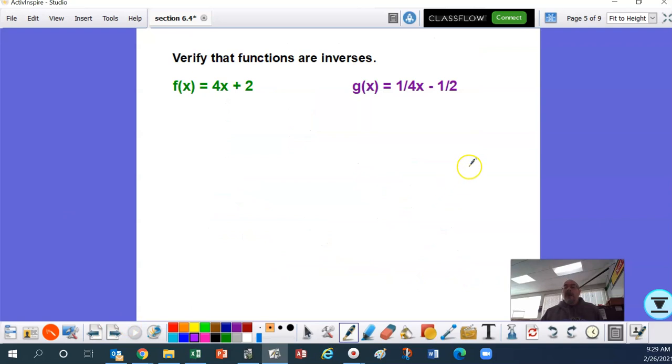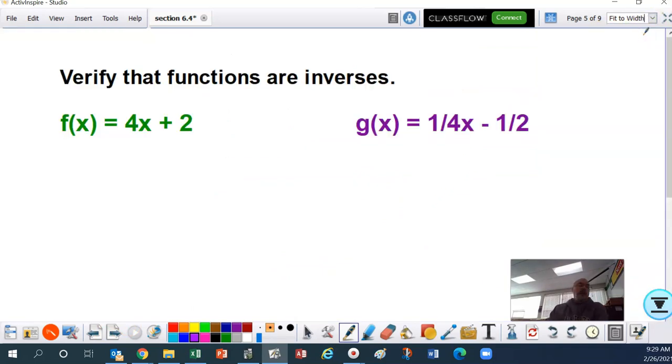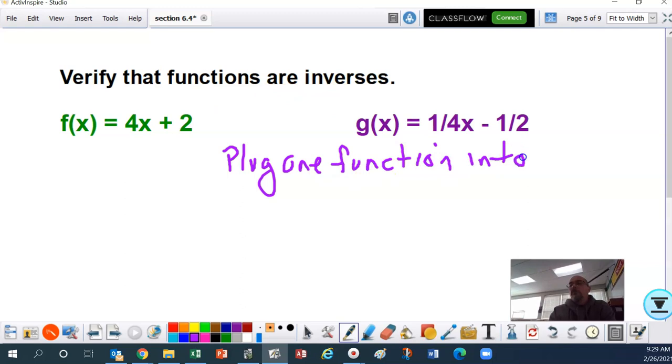How do you verify that functions are inverses of each other? Okay, to verify if they are inverses of each other, ladies and gentlemen, we're simply going to plug one function into the other. All right, here we go.